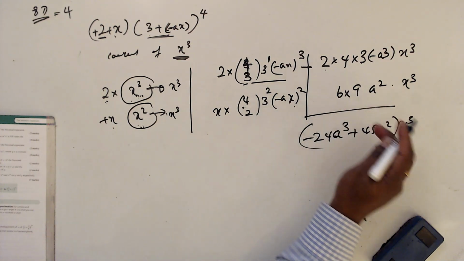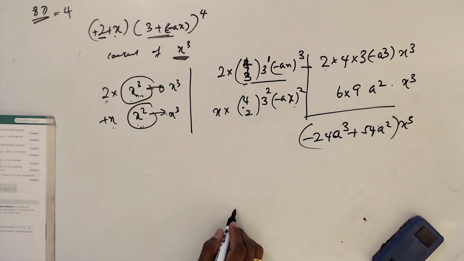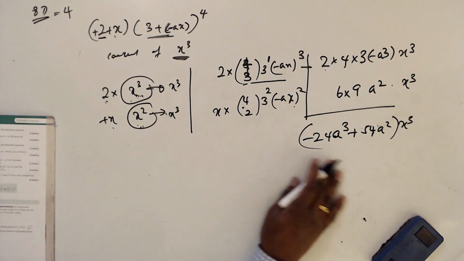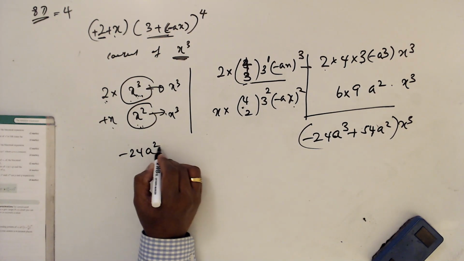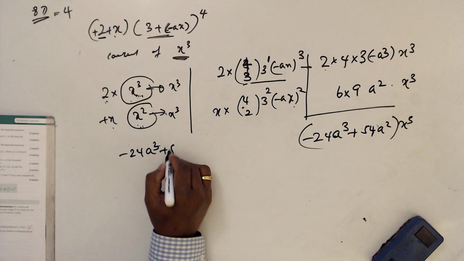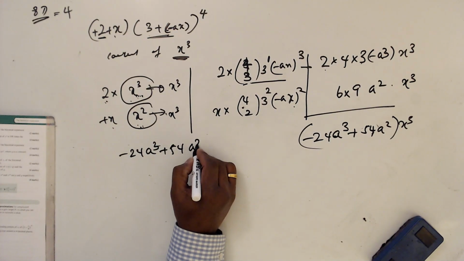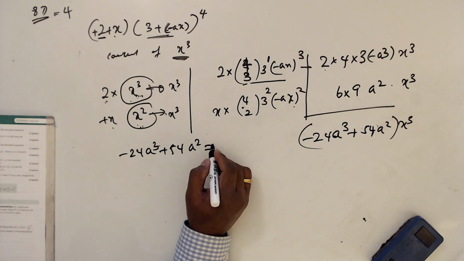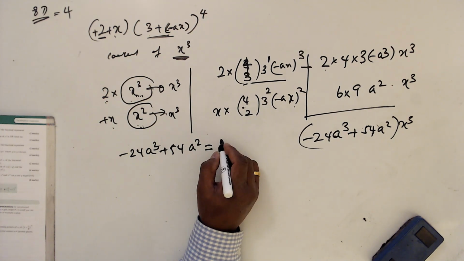Now 9 times 6 is 54. Now this is equal to minus 24a cube plus 54a square, equal to the number given, which is going to be 30.